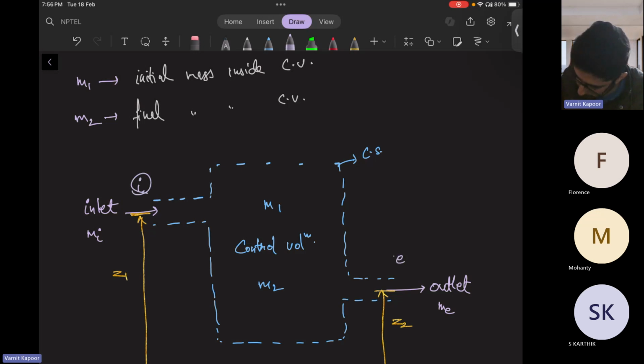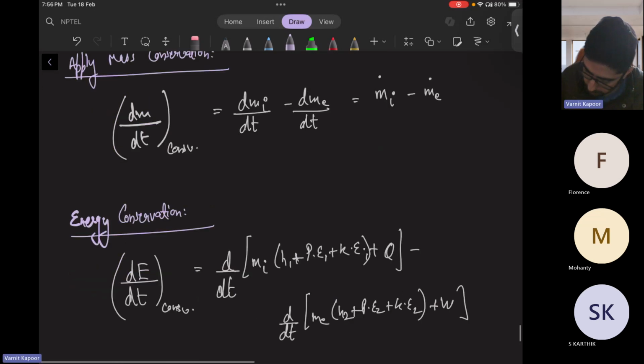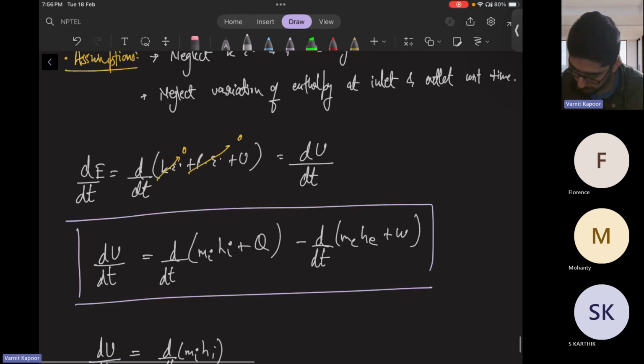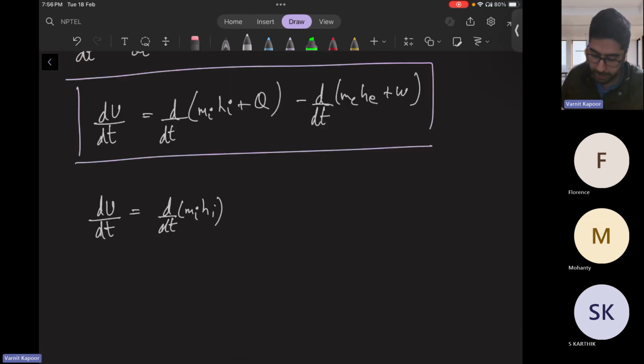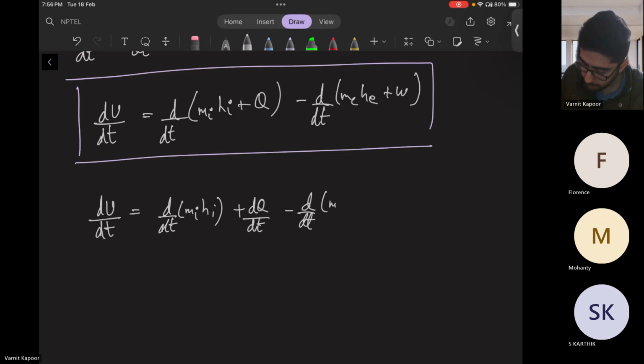This is state i, this is state e. So here it will be hi, pi, ki, and instead of 2, it will be he, potential energy and kinetic energy. Nomenclature is the same now. d by dt of mi hi plus dQ by dt minus d by dt of me he minus dW by dt.